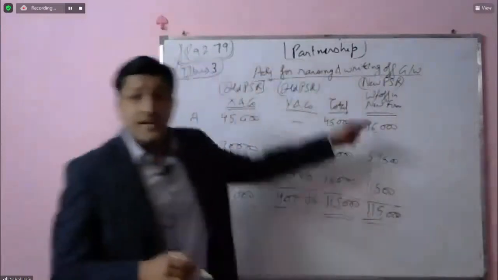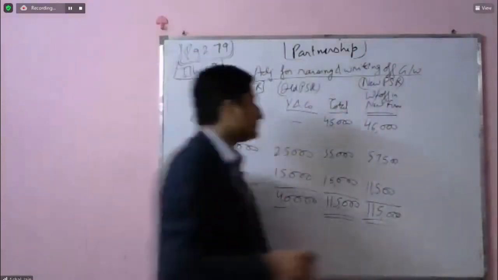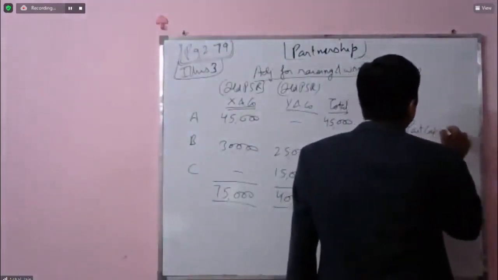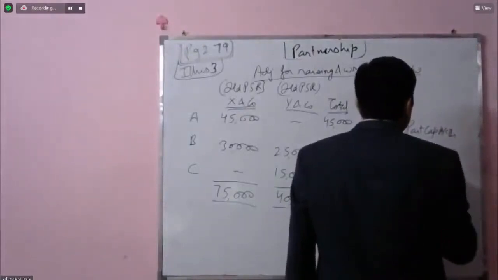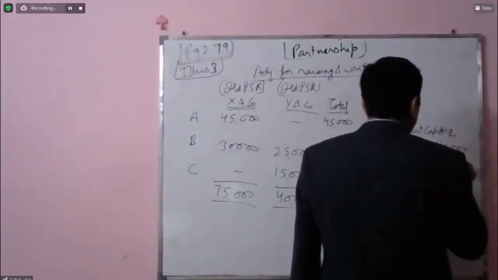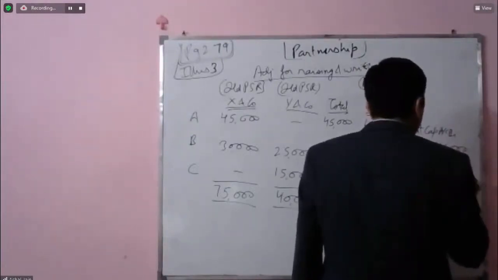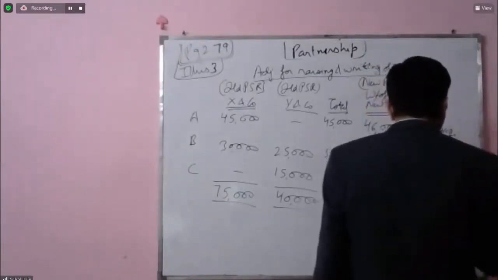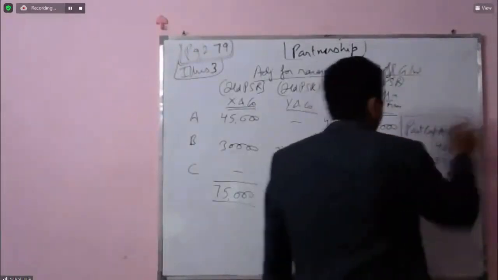So let's see what will be the accounting entry over here. Partners capital account debited A, B, C, 46,000, 57,500, 11,500 to goodwill 1,15,000.